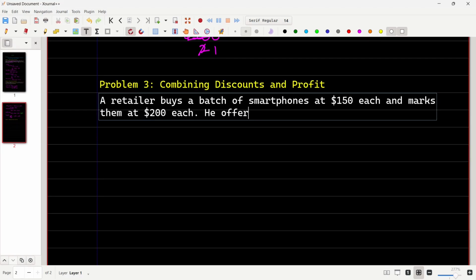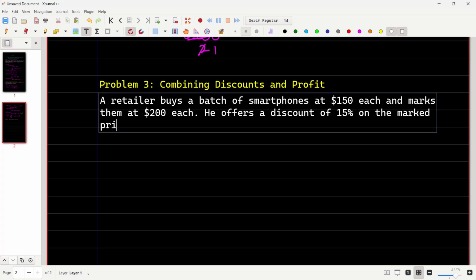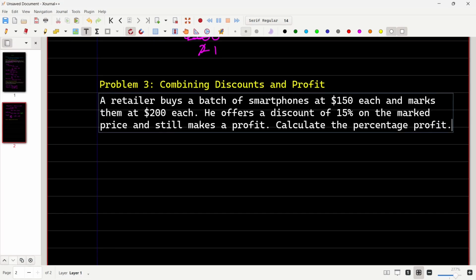He offers a discount of 15% on the marked price and still makes a profit. Calculate the percentage profit. All right, so for this one, I will go ahead and extract information again.